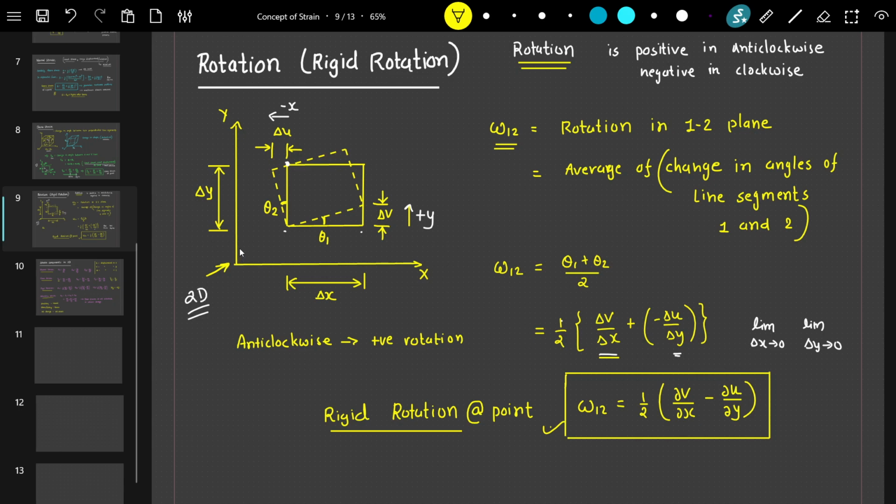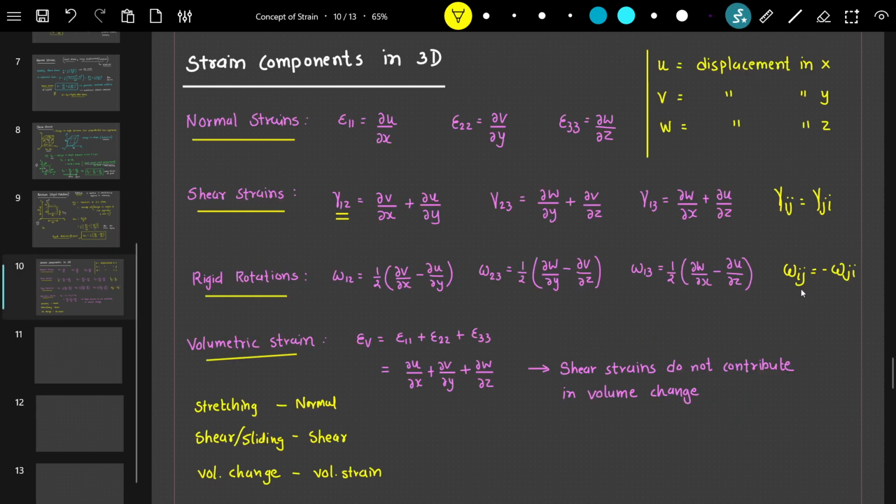So similarly, omega 21 means we have to look from this side, and when we view from this side, anti-clockwise will become clockwise, and that is the reason omega 12 is equal to minus omega 21, or in general omega ij is equal to minus omega ji. So there are six rigid rotation components and volumetric strain.